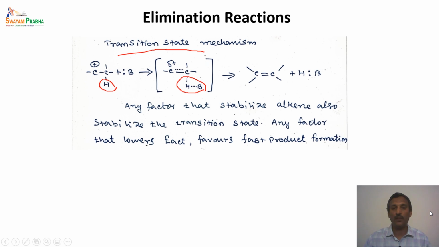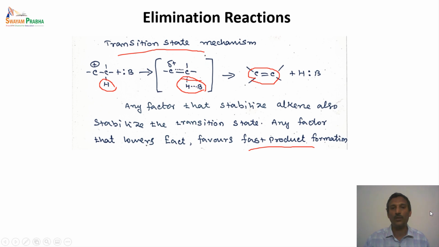When the CH bond is completely broken, this bonded pair shifts between carbon and carbon to give the final alkene. As we mentioned earlier, any factor that can stabilize that alkene also stabilizes the transition state. That means any factor that lowers the energy of activation favors fast product formation.